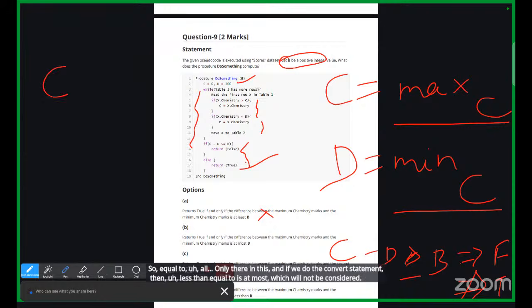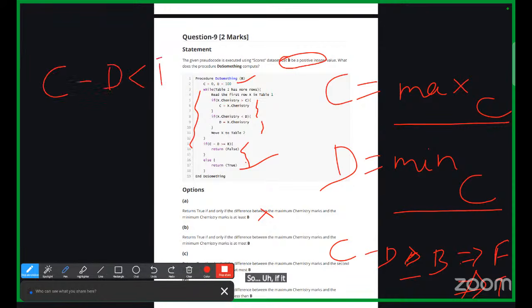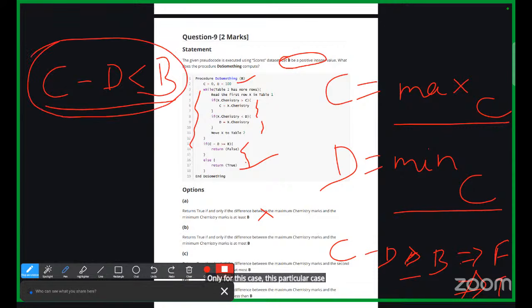We return true only if the difference is less than B, not at most B. Only less than.